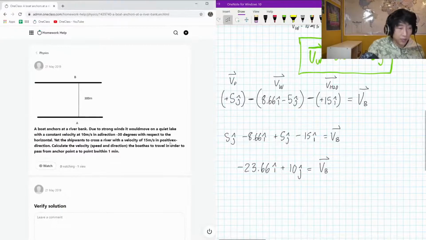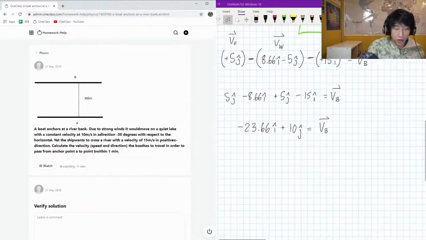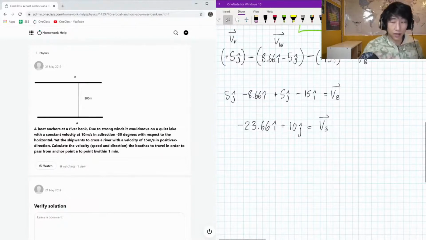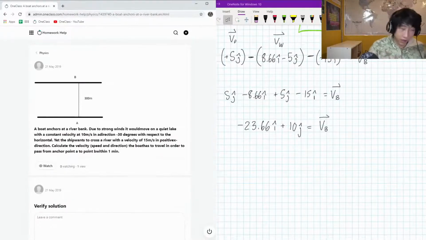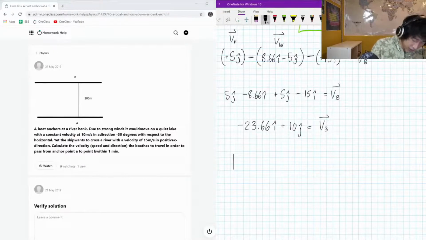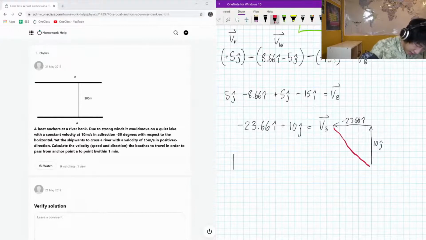Now it's going to need the speed and direction. So this is the Cartesian form. We want to get the magnitude and angle of this for our speed and direction. So our magnitude, essentially what this means is here we have 10J. And this is wildly not to scale, so don't believe that this is actually what it looks like. So negative 23.66 I. And this is right here, VB.